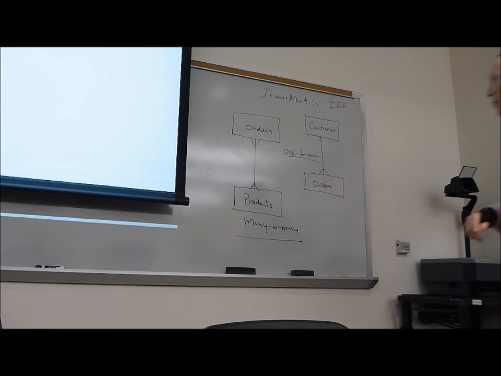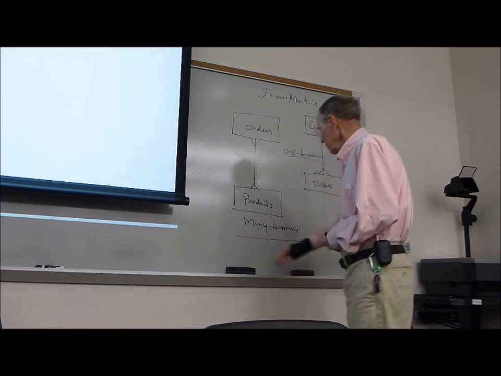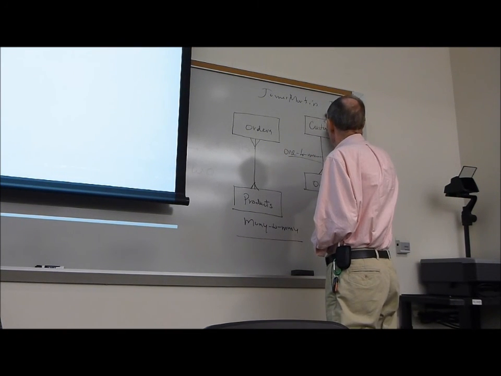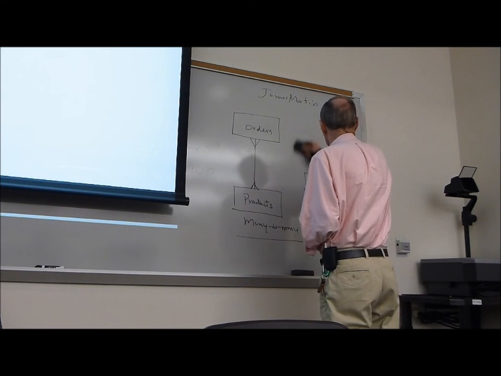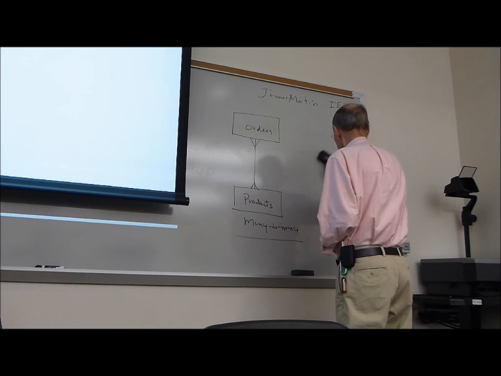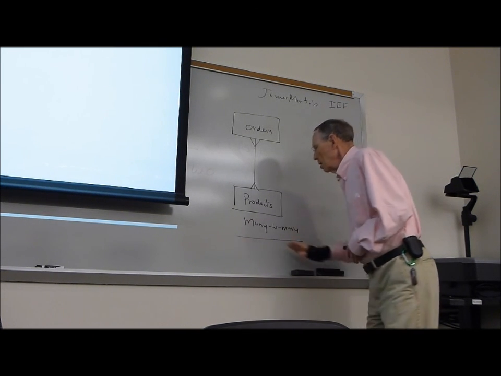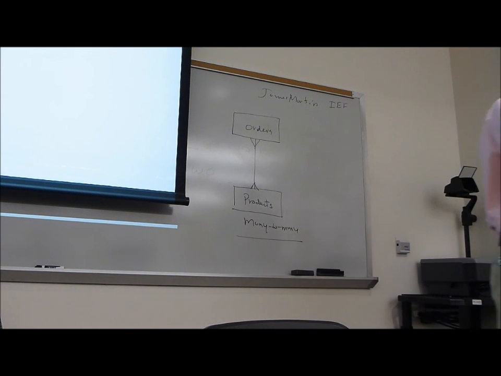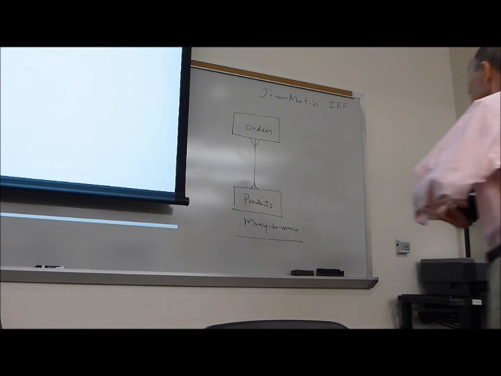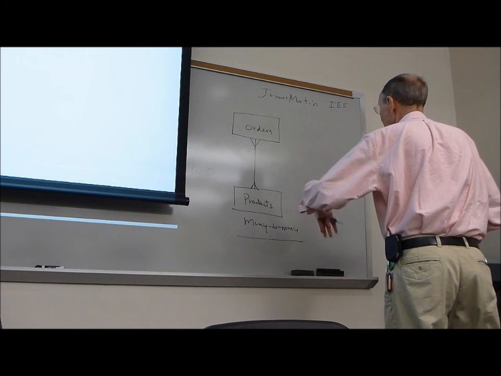So when we have a situation with many-to-many, we have to convert this to two one-to-many relationships. We're going to have a little example of that tonight. We'll do one exercise.